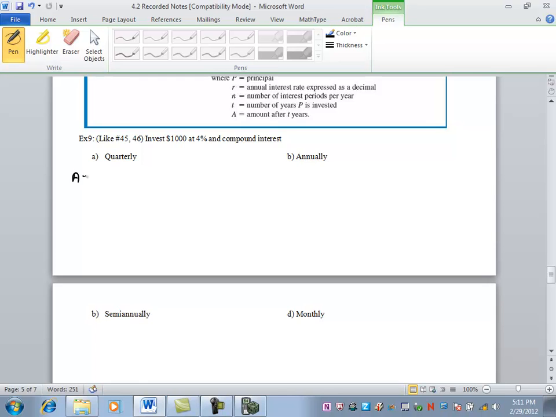So we're looking at the amount in the account when we put in $1,000, times 1 plus our interest rate, 0.04, divided by the number of compounding periods, which is 4. This is raised to the 4th power, and I'll let you type that in your calculator. That comes out to be about $1,040.60.